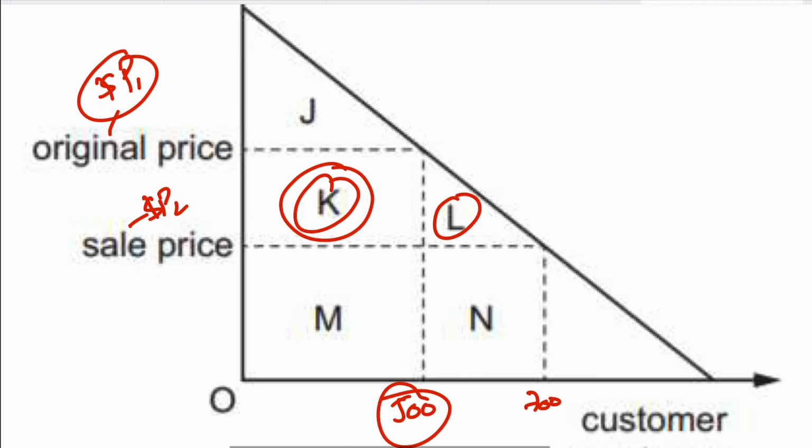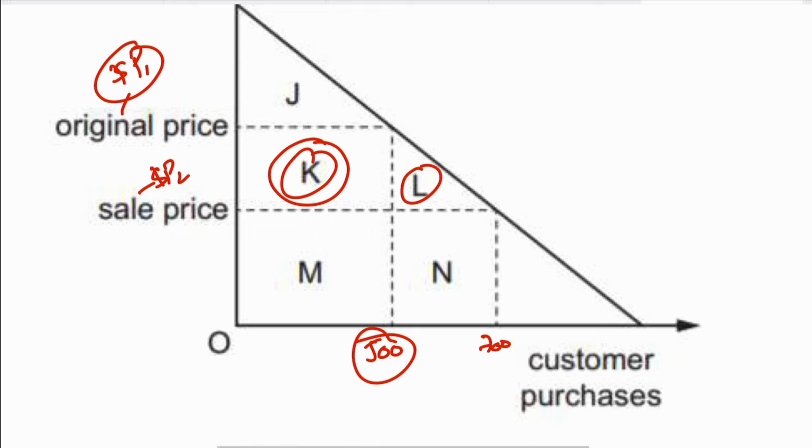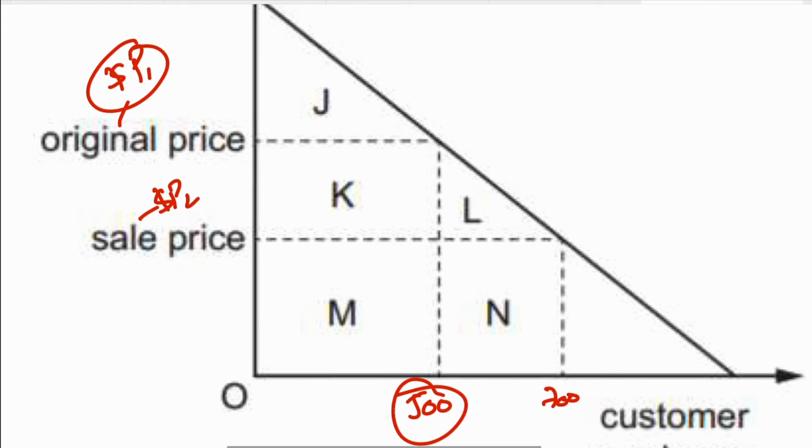While area L reflects the consumer surplus that pertains to those people who have now entered the picture because the price has gone down. So it pertains to those new people who are able to afford these chocolates at a much lower price.